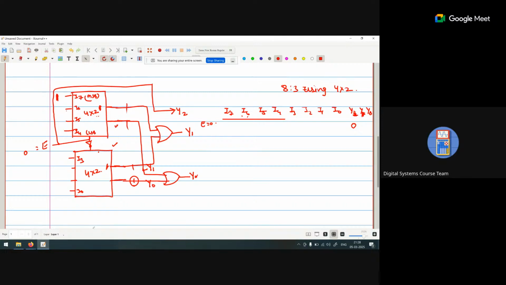Now, if I connect I3 as 1, the output of this pin is 1, the output of this pin is 1. And the output of this one is either 0 or 1, a don't care condition. So this don't care ORed with this one gives Y0 as 1. The don't care condition ORed with 1 is Y1, so again Y1 is 1.